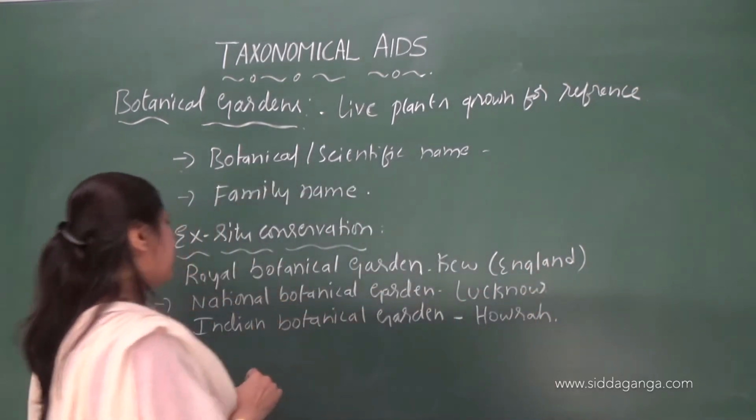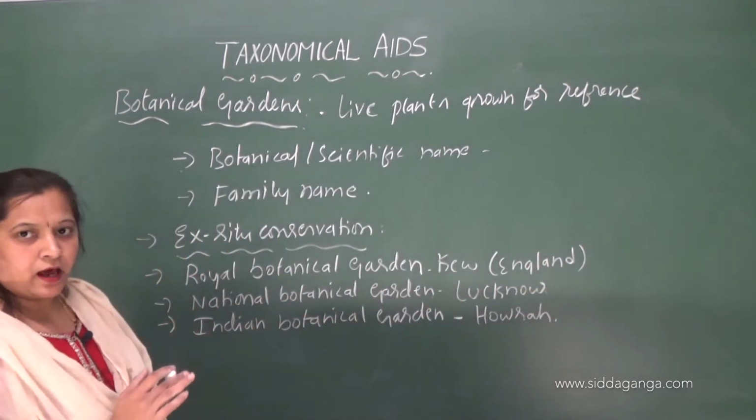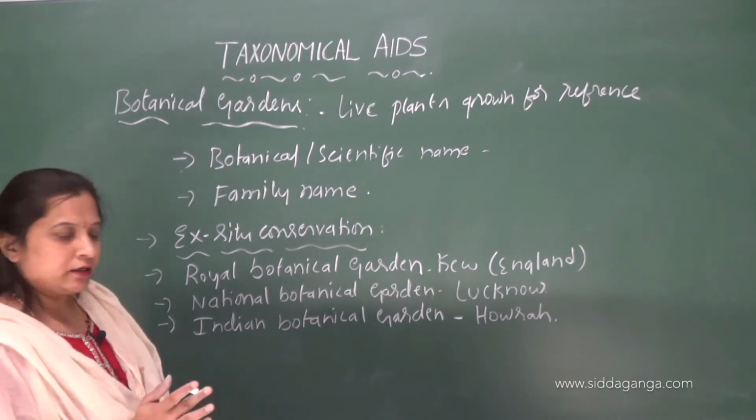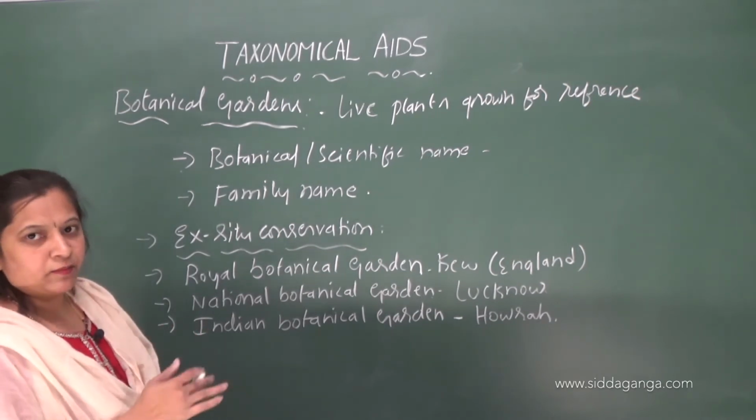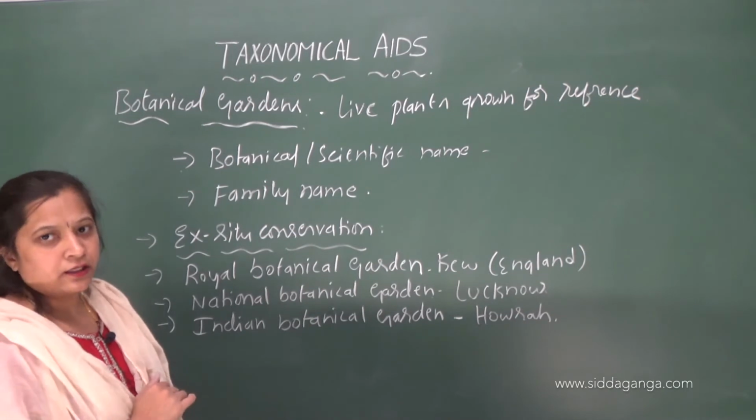So these three, the Royal Botanical Garden, National Botanical Garden, and Indian Botanical Garden, are some of the famous botanical gardens.